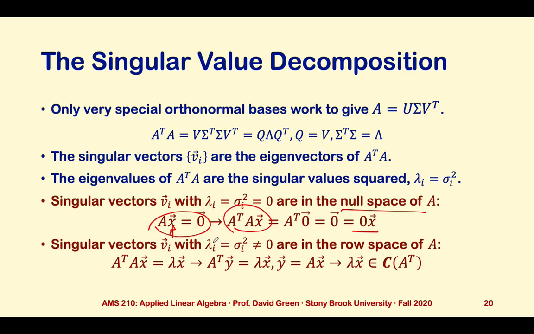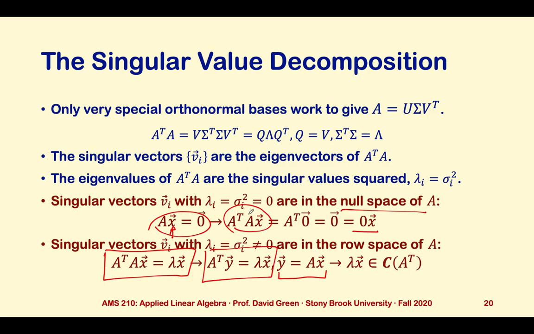Let's think about the singular values that have a non-zero lambda. These are vectors that satisfy this equation, A transpose A x equals lambda x, where lambda is not 0. If we simply make a statement that y equals Ax, an assignment, we can rewrite this as A transpose y equals lambda x.